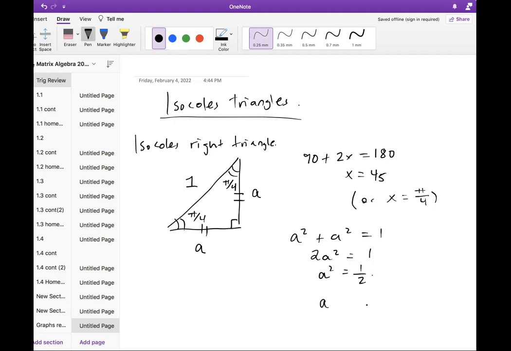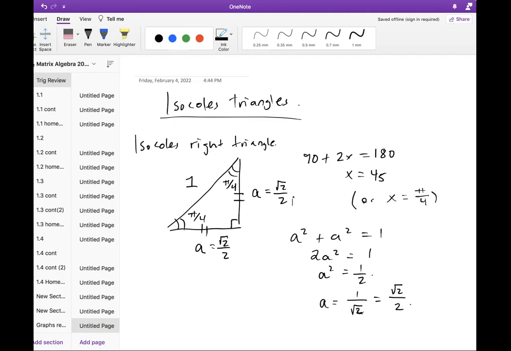So a is equal to 1 over radical 2, or if we rationalize it, radical 2 over 2. So these sides must equal radical 2 over 2. That makes sense?